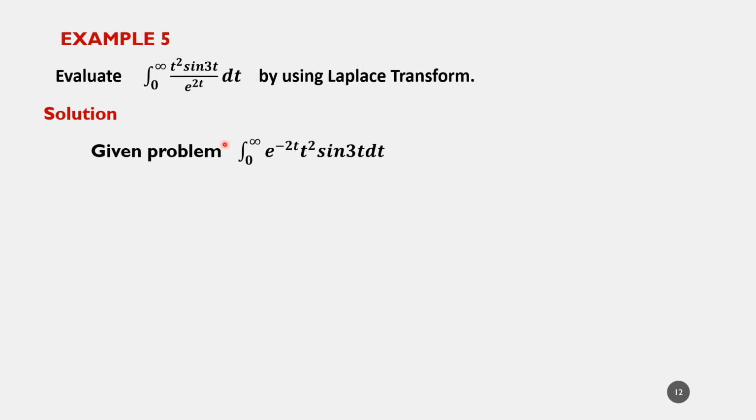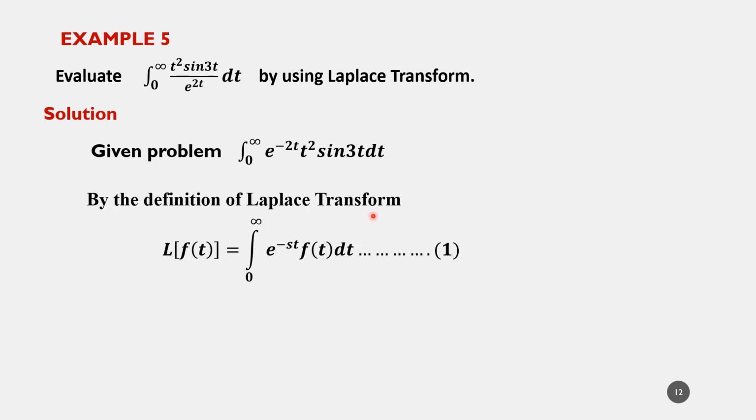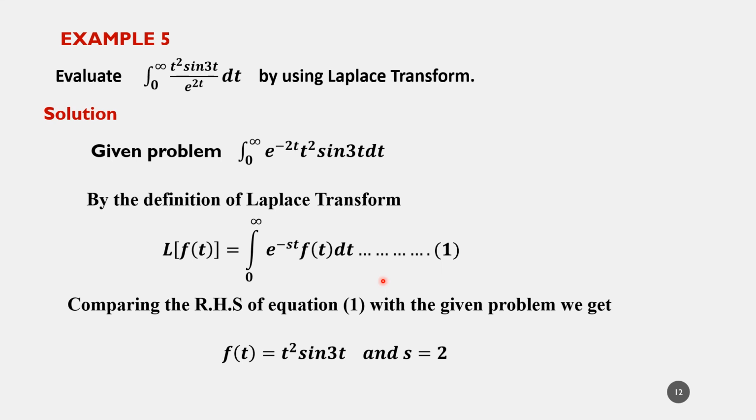Now this is the given problem. Comparing this with the definition of the Laplace transform integral, if you compare both, we can get f of t as t square sine 3t and s is equal to 2. So comparing the right hand side of equation 1 with the given problem, f of t is t square sine 3t and s is equal to 2.